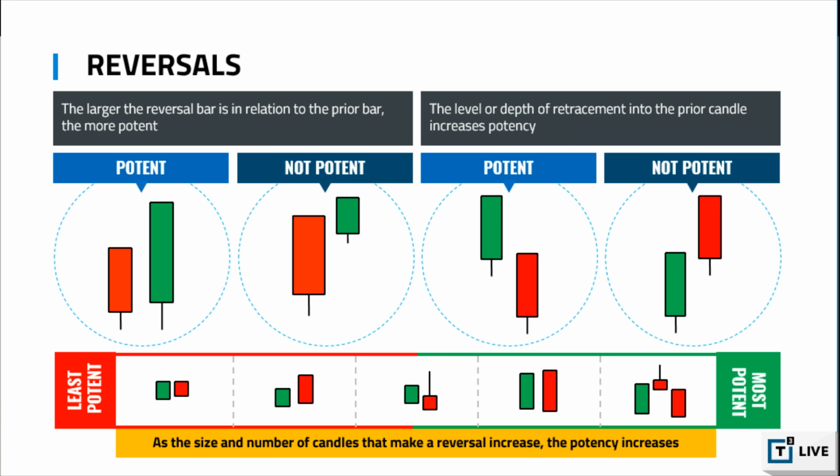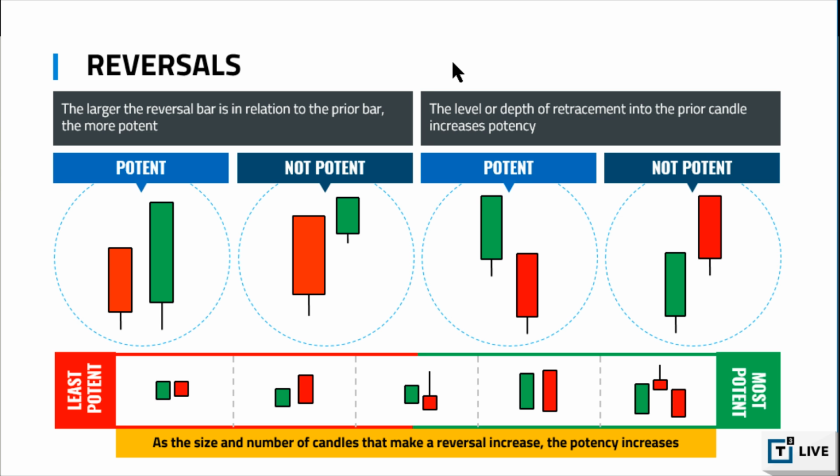Number one is the size of the reversal. The bigger it is in relationship to the prior move that it's reversing, the more potent it is. So the larger the reversal bar is in relationship to the prior bar, the more potent the reversal is.